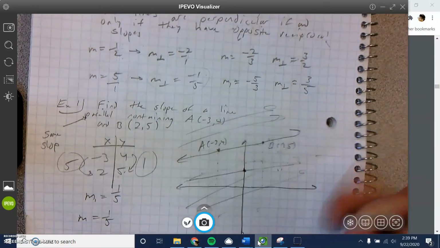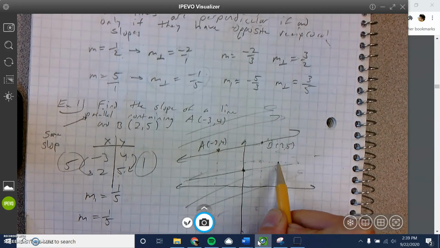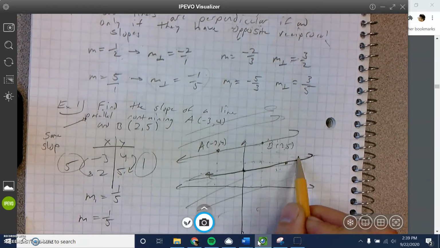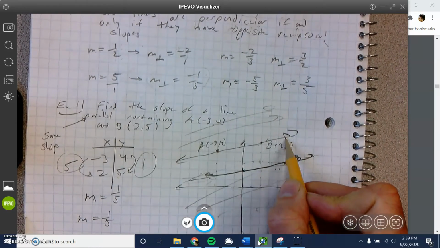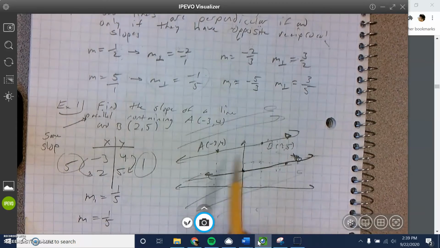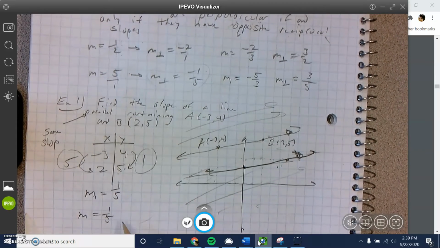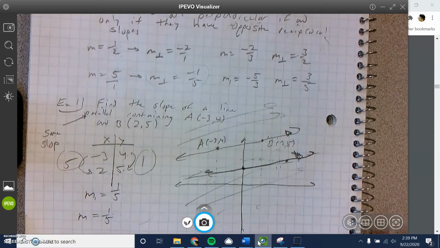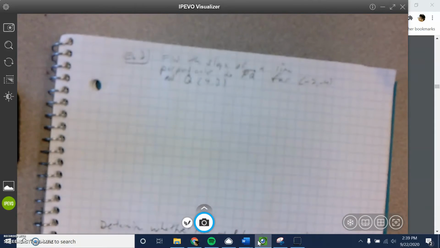Didn't look right. I miscounted. 1, 2, 3, 4, 5. Yeah. There you go. So these two lines are parallel. I could have started here at the origin because it doesn't matter. So there's an infinite amount of parallel lines. So any parallel line to A and B would have a 1/5 slope. Cool. Let's try another one.